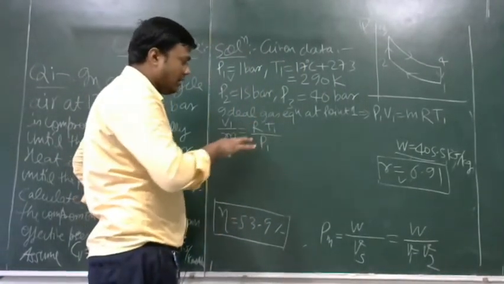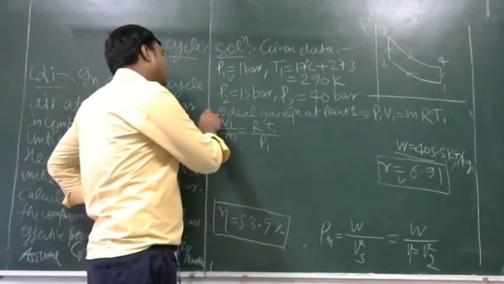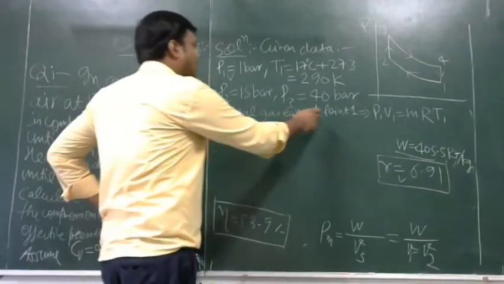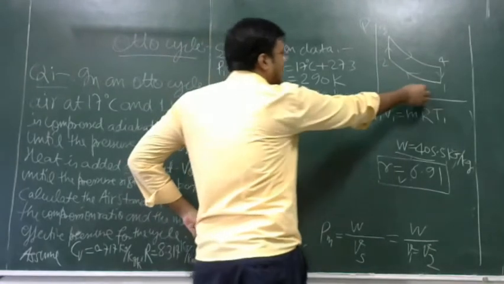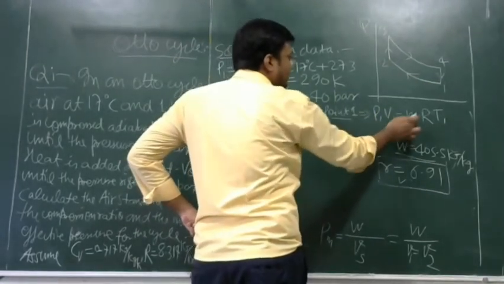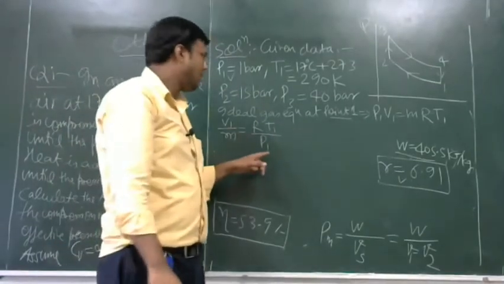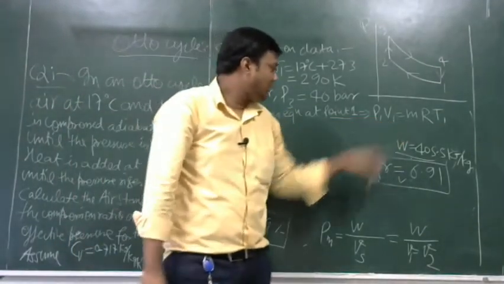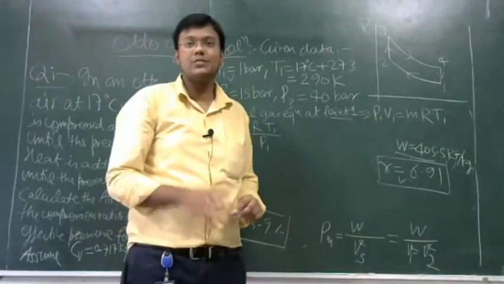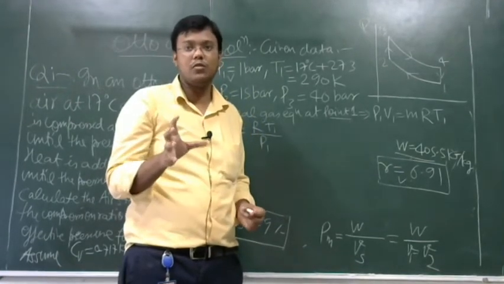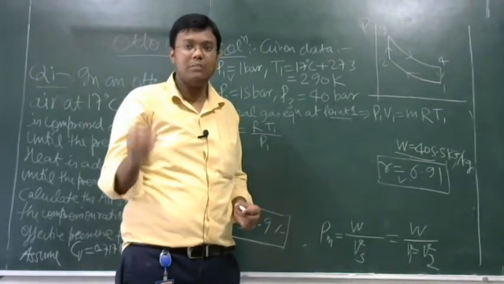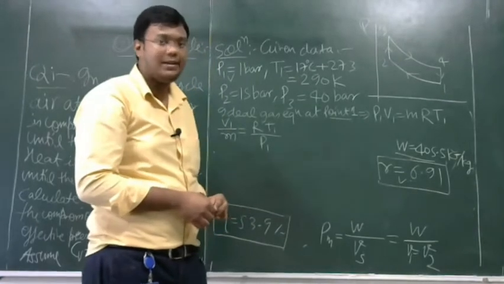For V1, we are going to apply the ideal gas equation at point 1: P1 V1 equals mRT1. Here we need to calculate specific volume, not just volume, that is volume per unit mass, per kg.